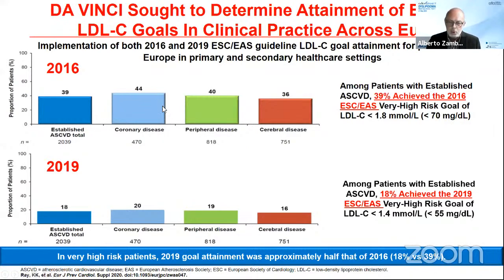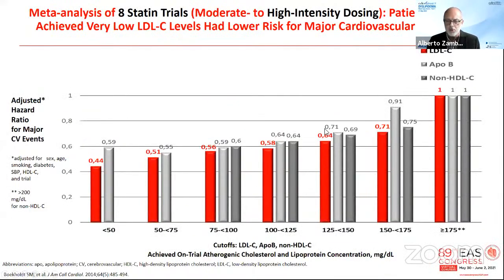We had about 40% on 2016. We dropped down to 18% when we look in the Da Vinci trial at those achieving LDL goals in the very high risk group by the goals suggested in 2019 guidance. So 1 in 5, suggesting that there is actually an issue, a clinical challenge in achieving these goals.